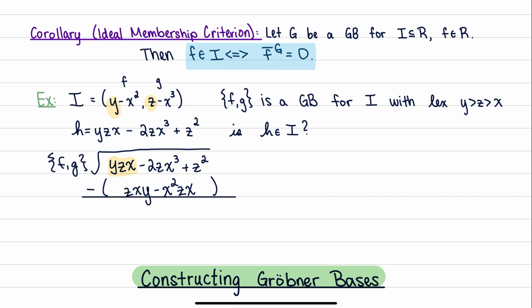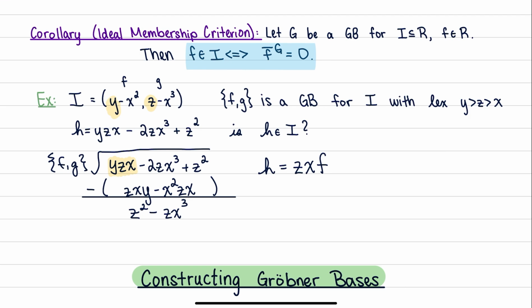So my yzx cancels, and then I have minus 2zx cubed, but then I'm adding a zx cubed, so I'm left with just minus 1 zx cubed, and then I also have that z squared. So as I'm writing h in that way via the division algorithm, that first coefficient is zx and it is on f.